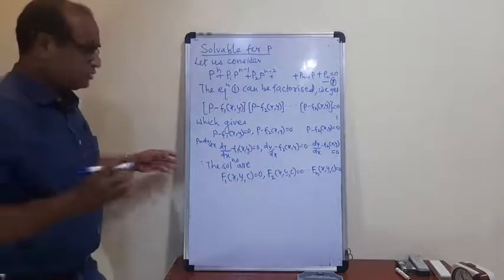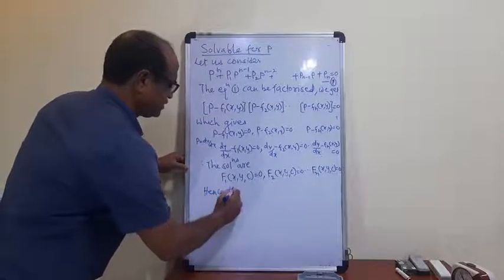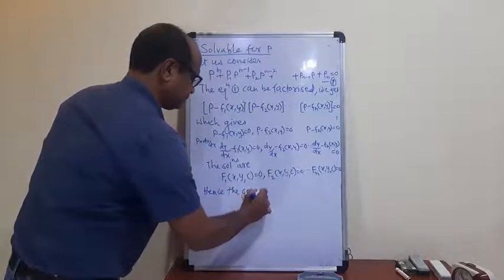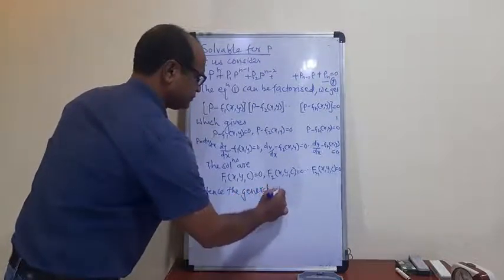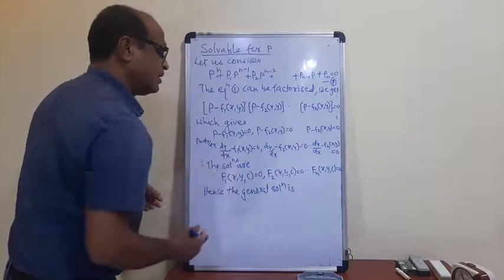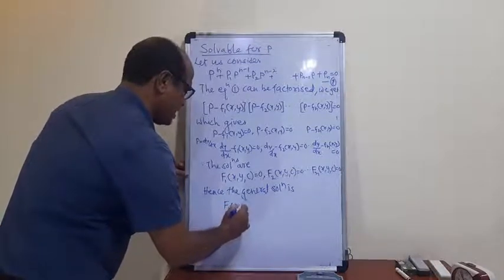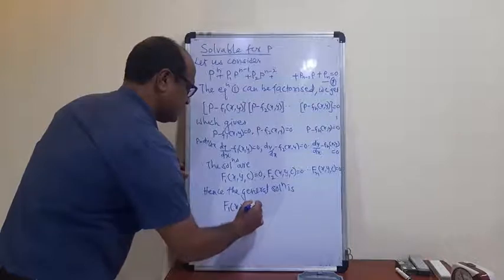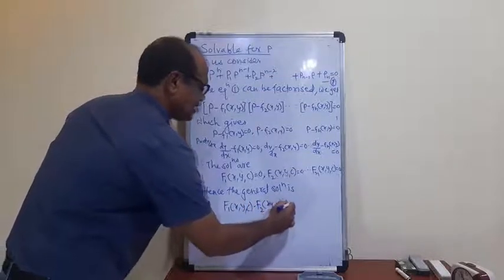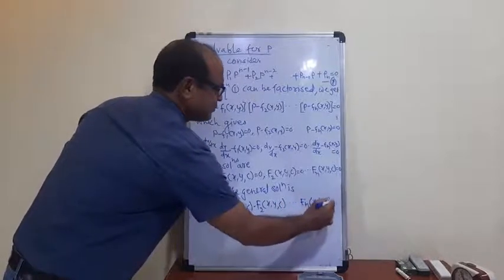So hence the general solution is, what is the general solution? Multiplying all these solutions, f1 xy c into f2 xy c and so on, fn xy c is equal to 0.